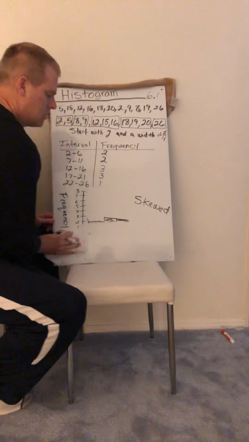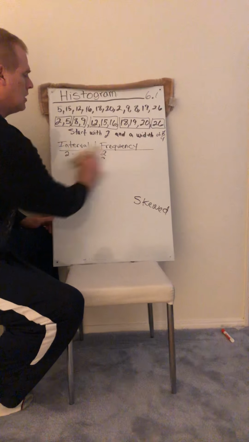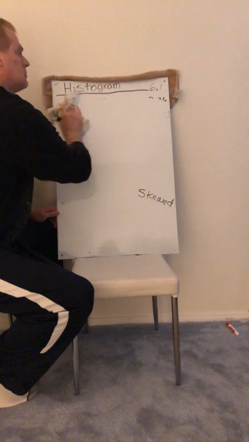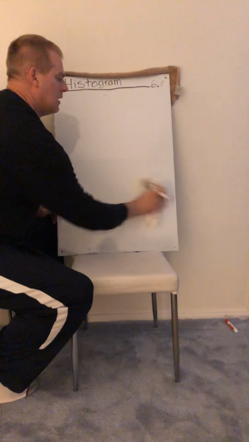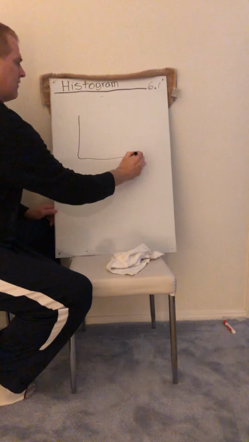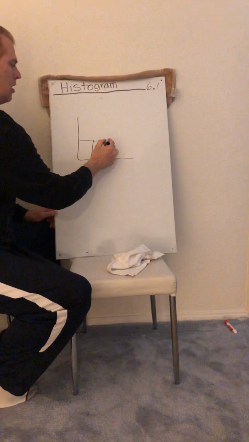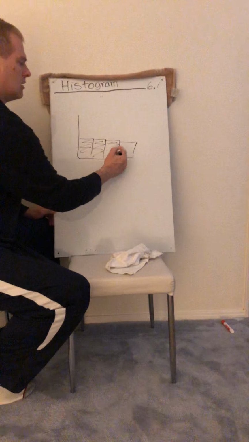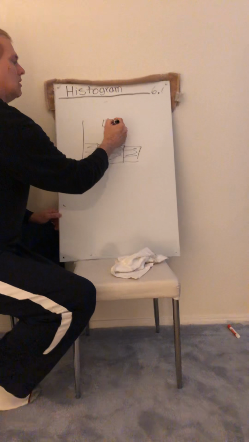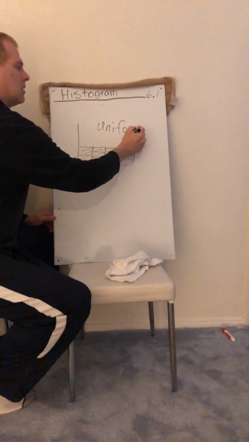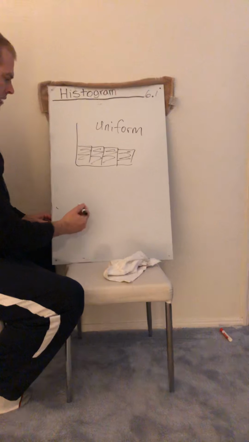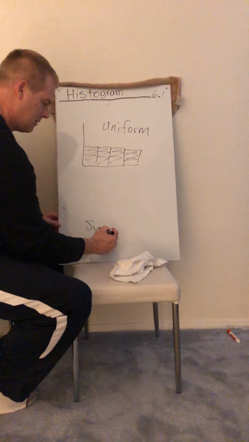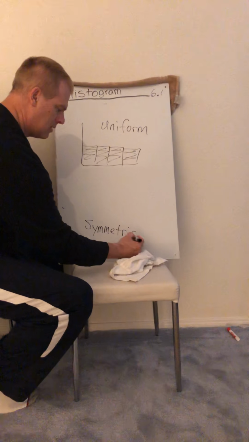So the next part is for you to see what the other ones look like. If I have a graph that has all of them relatively the same, we call that uniform. Now the other one is called symmetric.